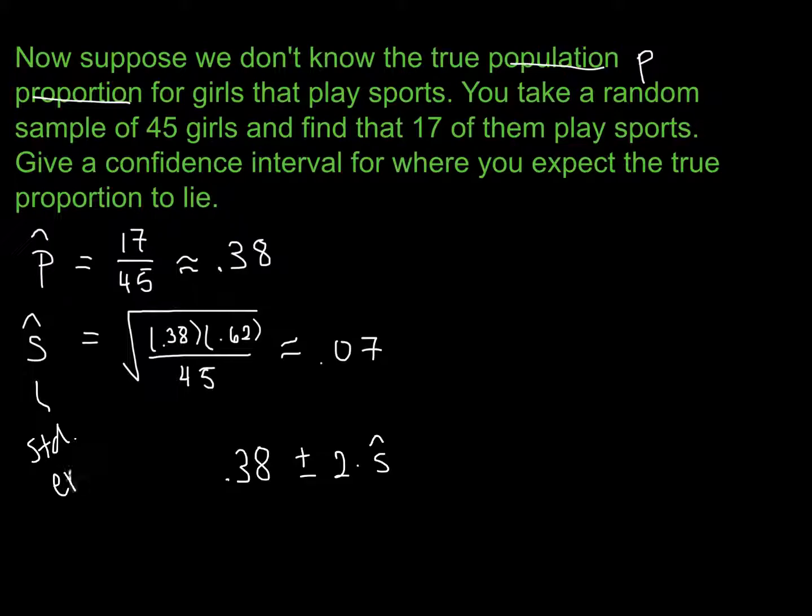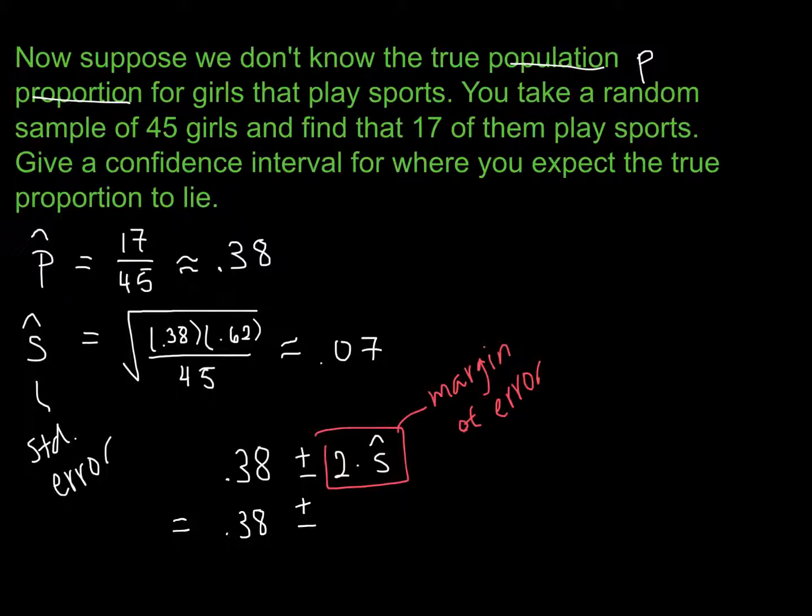Okay? So this is my standard error, and 2 times the standard error is called the margin of error. The reason we use the term margin of error is because this is the amount that we need to go above and below so that we feel confident that we have included in that interval our true proportion. And so this is equivalent to 0.38 plus or minus 2 times 0.07 or 0.14.